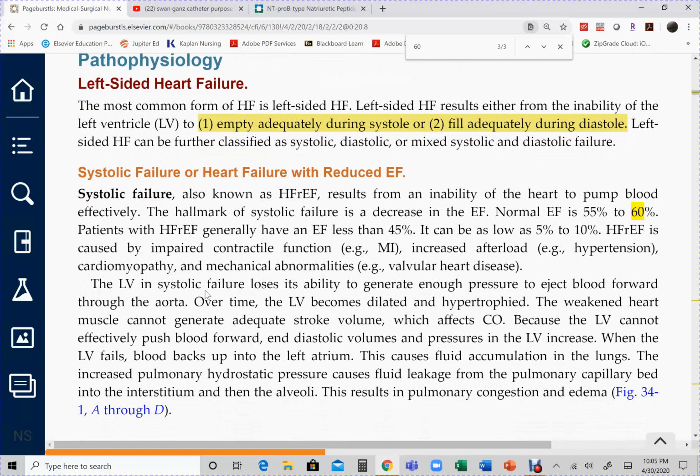To understand the resulting signs and symptoms of each type, I told you guys in chapter 31 during discussion of the assessment chapter that you needed to review the normal flow of blood from the moment deoxygenated blood returns to the heart and leaves the heart to go to the lungs, returns to the heart again before leaving it again through the aorta, because the symptoms will depend on blood flow. Okay, so I'll show you shortly.